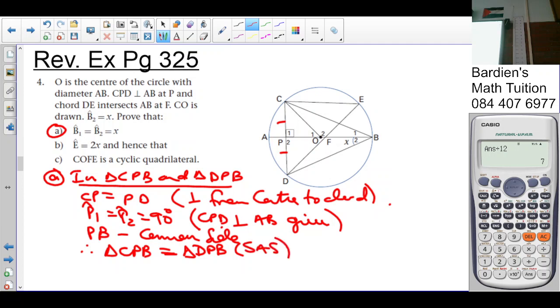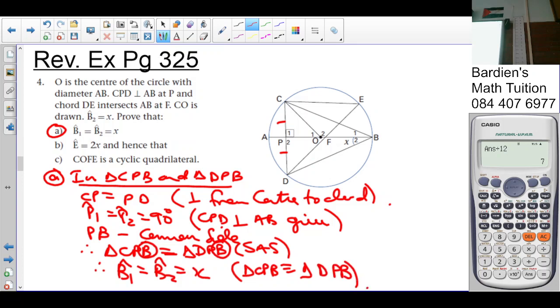Although we're using 90 degrees, we haven't used the hypotenuse to say RHS, which is the right angle hypotenuse side. Okay. So those two triangles are congruent. Therefore, angle B1 is equal to angle B2, which is equal to x. Why? Because triangle CPB is congruent to triangle DPB.